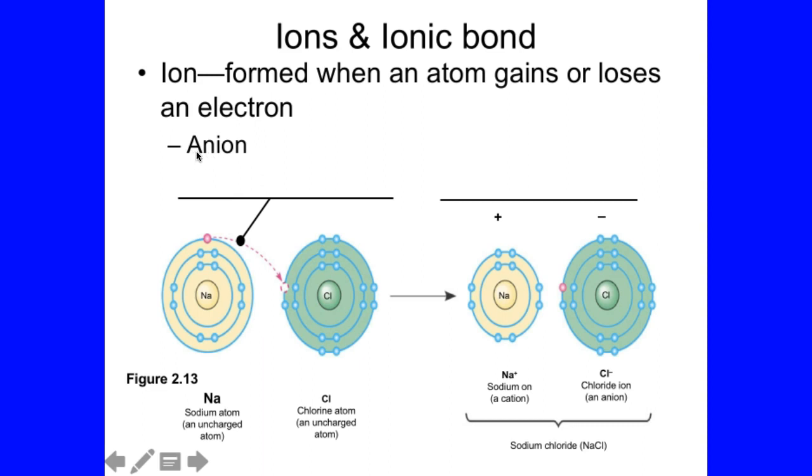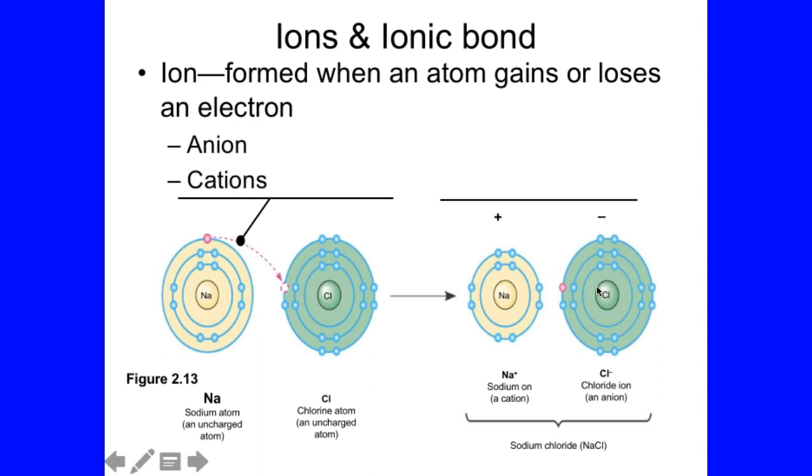Remember, anabolic steroids are those big, heavy-duty muscle-building power builders. They build up muscle, right? So an anion is going to gain an electron. In this example, we see the chlorine atom gaining this electron from this sodium atom. So this is going to be considered, at the end of the day, the anion.